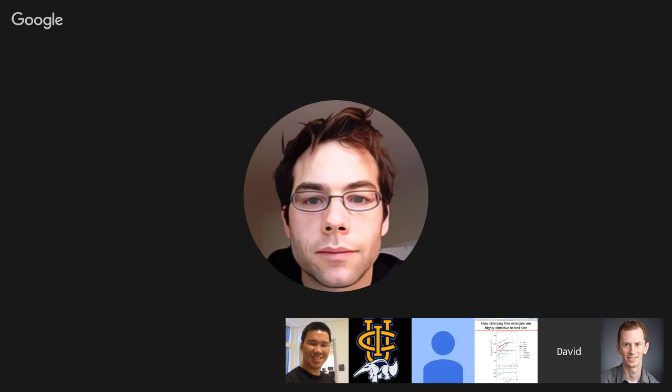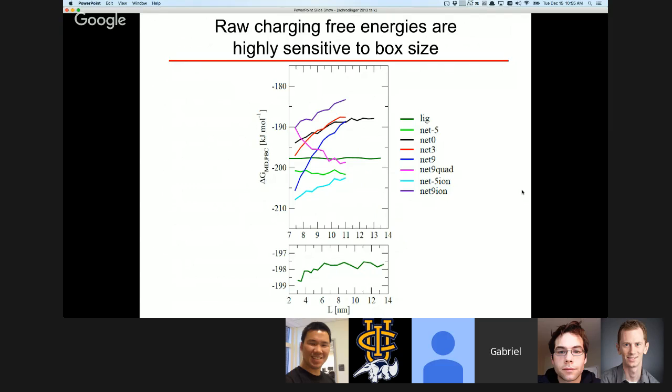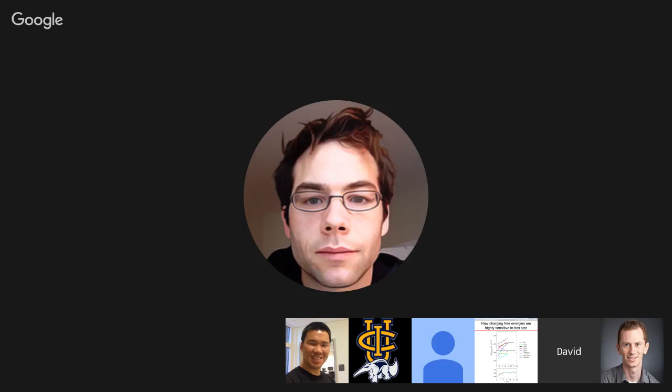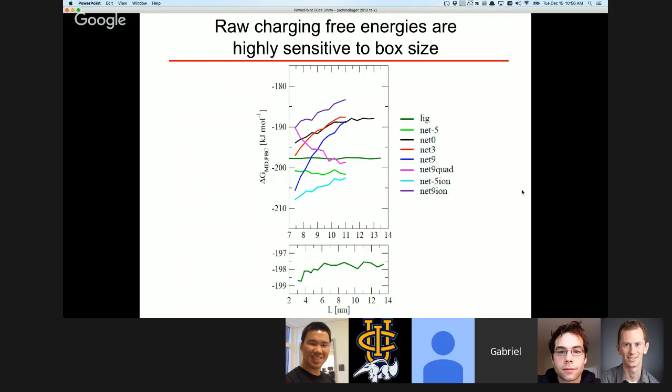They're still changing by, I don't know, like 5 kilojoules over that range of boxes, but they're not changing as dramatically as the others. And this amount of change is what you would expect in a simulation where you neutralize your protein with ions, which is the most typical simulation case.